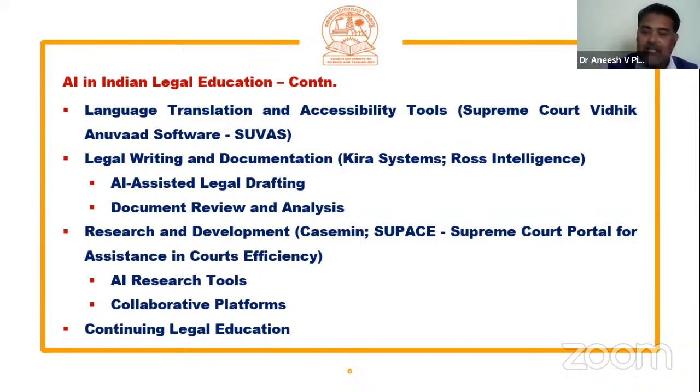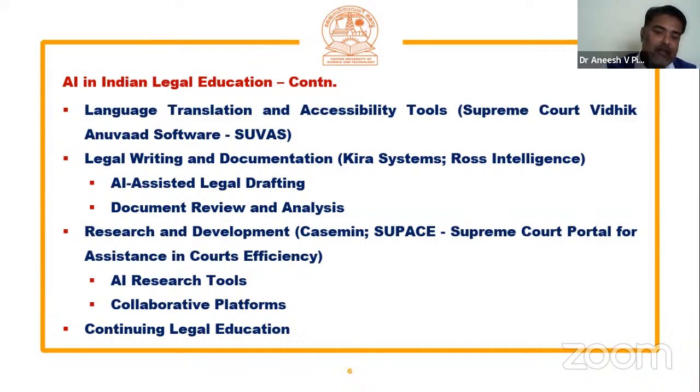So, being a student of law, he can easily use AI tools to translate these into his own language. So there are so many tools. Even our Supreme Court is also using a particular software, SUVAS. It's an AI-driven tool to translate language.